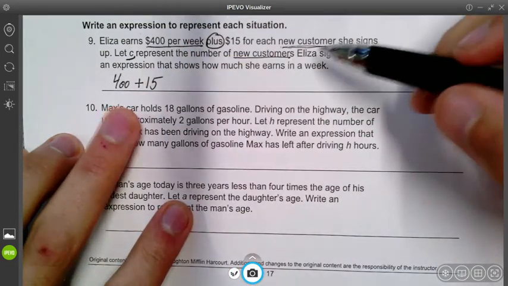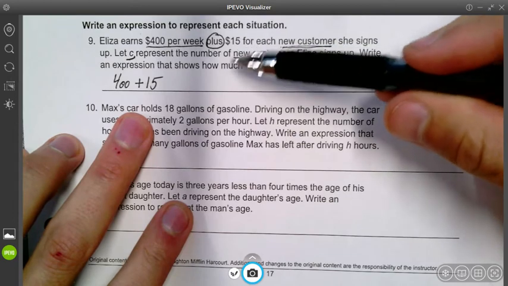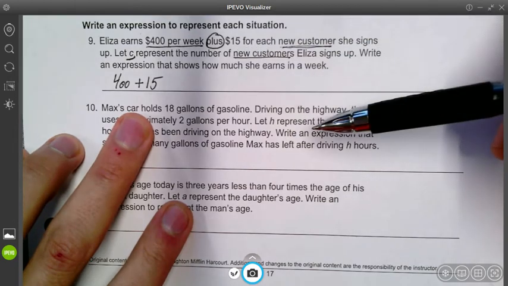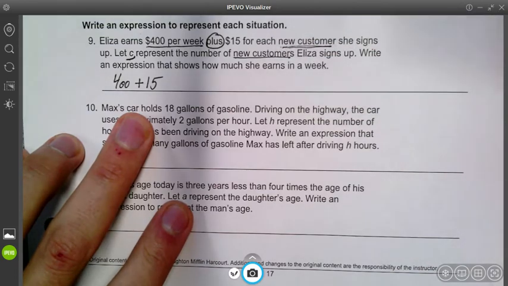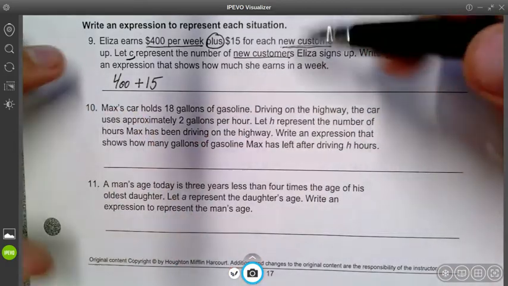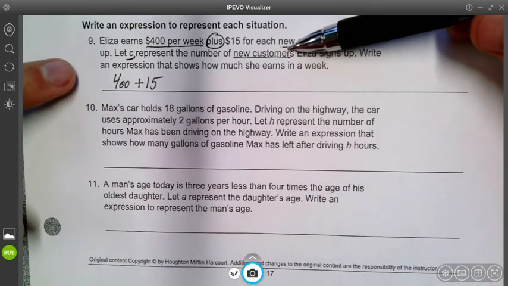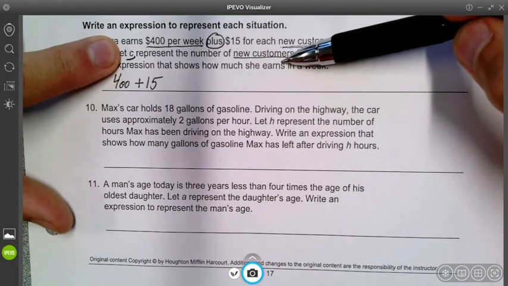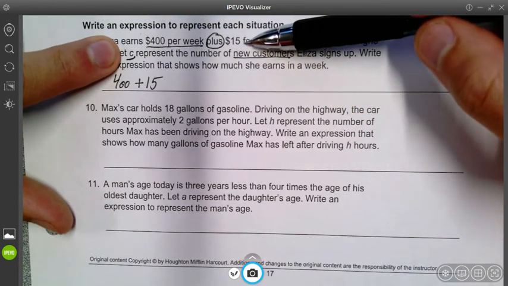But she doesn't get $15 no matter how many customers she signs up. She gets $15 each time she signs up somebody new. And C is the number of new customers. So if I want to figure out how much she got paid for just the customers, I would take the number of new customers she signs up and have to multiply that by 15.